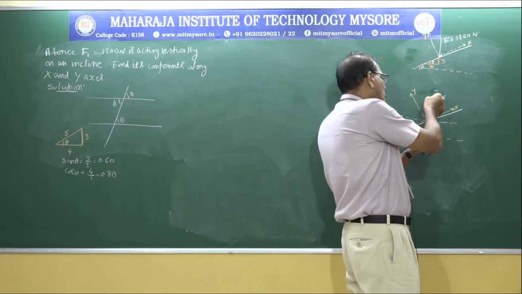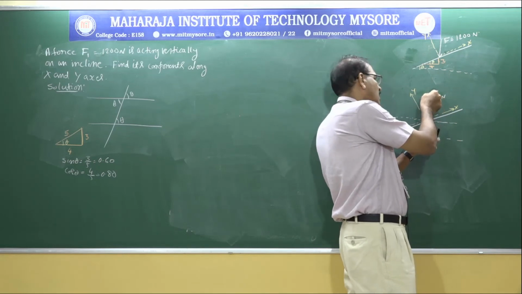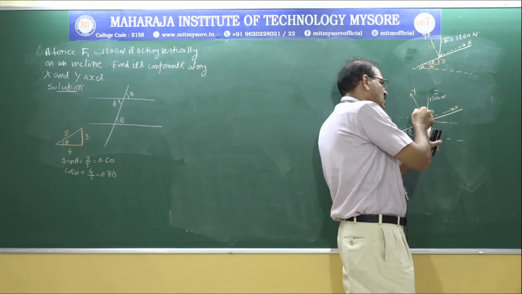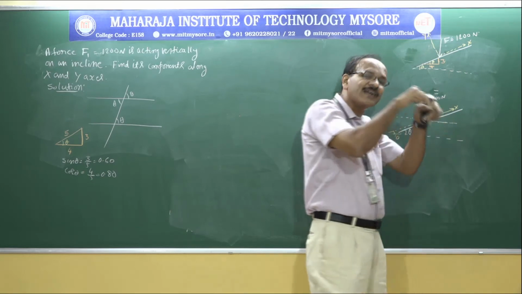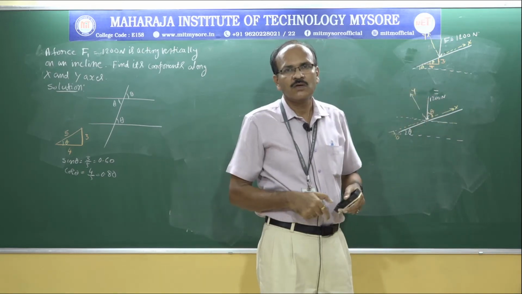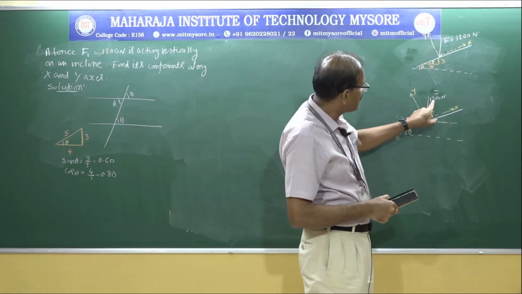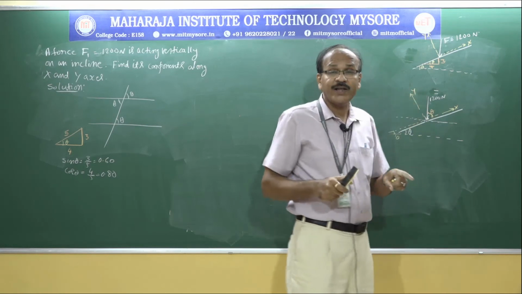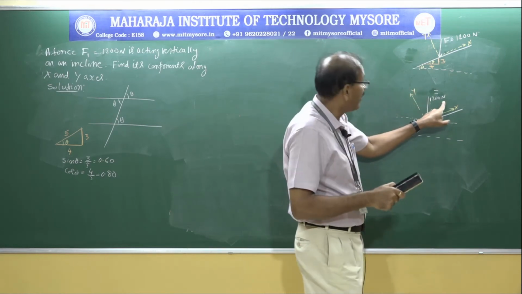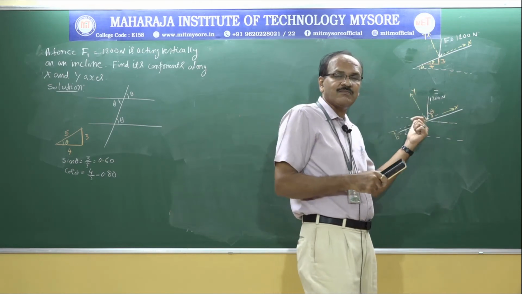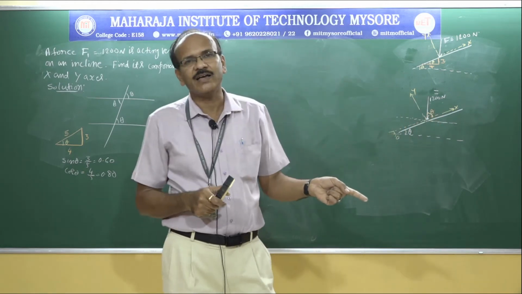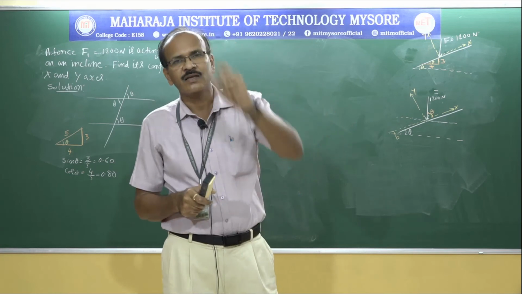Similarly, if you move this tail perpendicular to this plane, that is along the y-axis, the arrow points downwards. So the component along the y direction is 1200 sine of theta, because the vertical component is away from the angle theta, that's why it is sine.